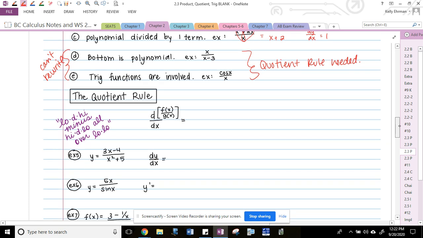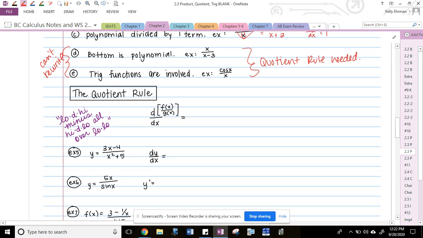All right, so what is the quotient rule? If you're trying to memorize this, the trick to memorize it is: low D high minus high D low, all over low low. So what does that mean? Low is referring to g of x, high is referring to f of x. So low D high: the bottom function times the derivative of the top function, minus high D low.